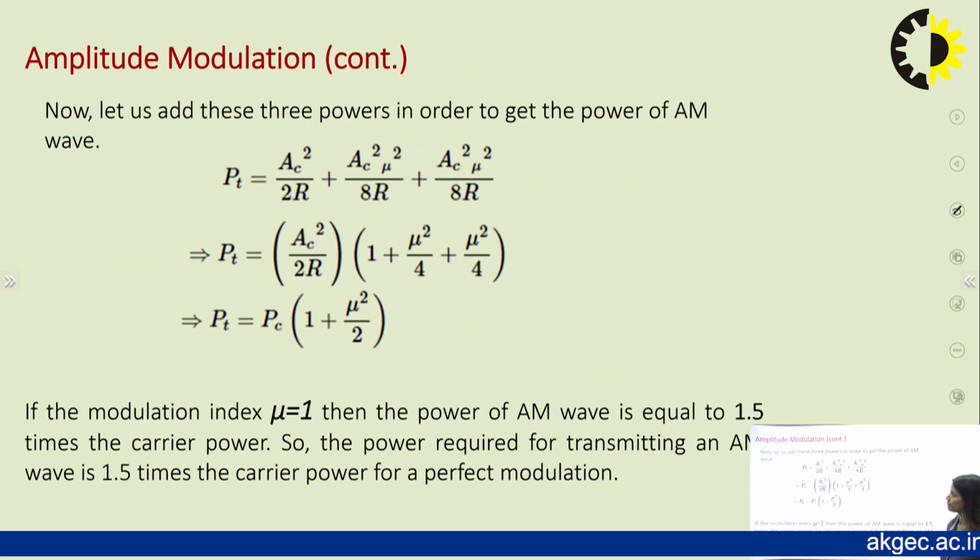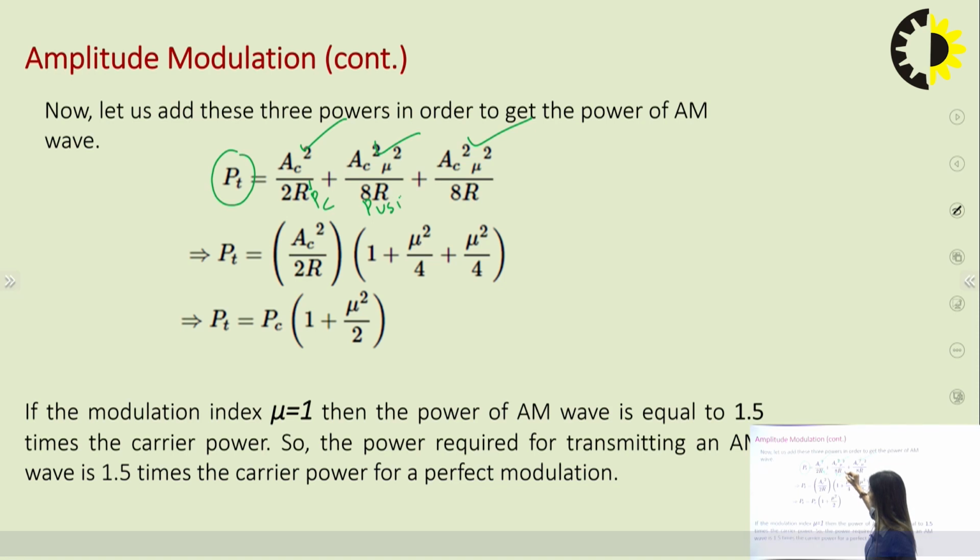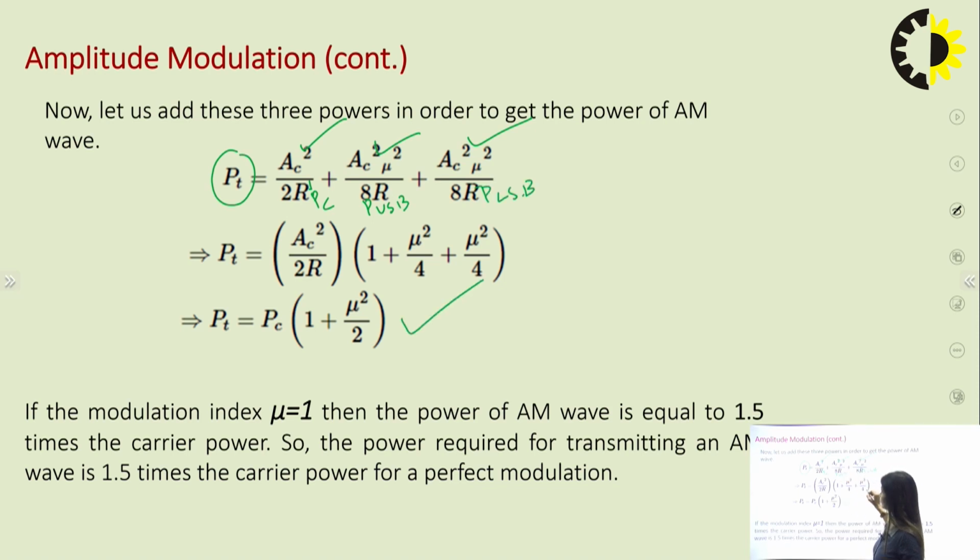And if I simplify this and add all the carrier power, the power of LSB, the power of USB, so this PC, this PUSB, this PLSB, I can solve the total power in terms of the carrier power. And this expression, again, you need to learn.